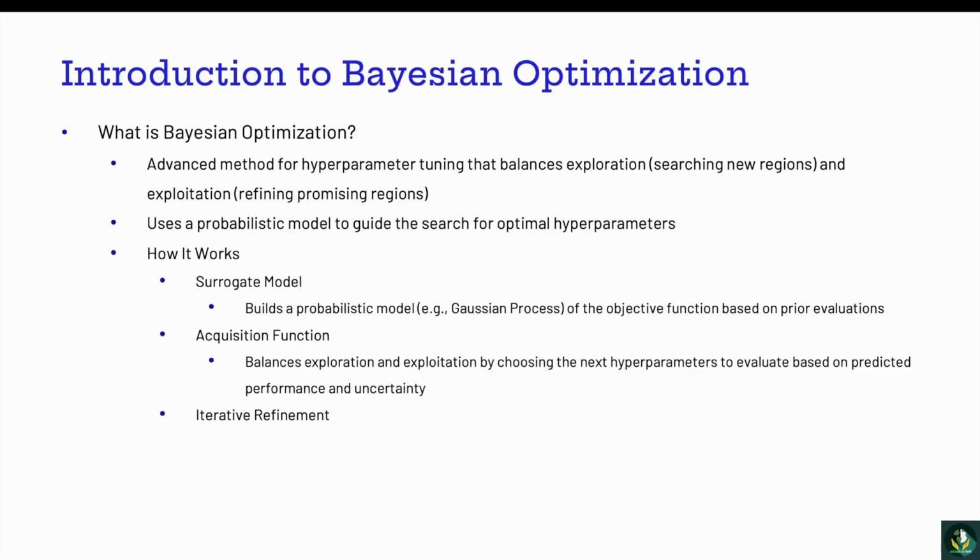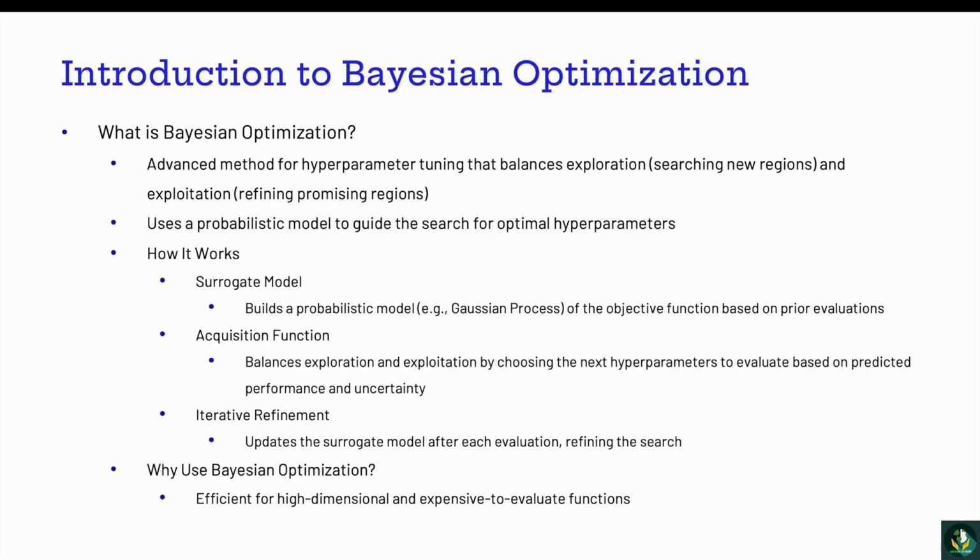Then we have iterative refinement, which updates the surrogate model after each evaluation, refining the search. Now, why use Bayesian optimization? It's efficient for high dimensional and expensive to evaluate functions, and it reduces the number of evaluations required to find the near optimal hyperparameters.